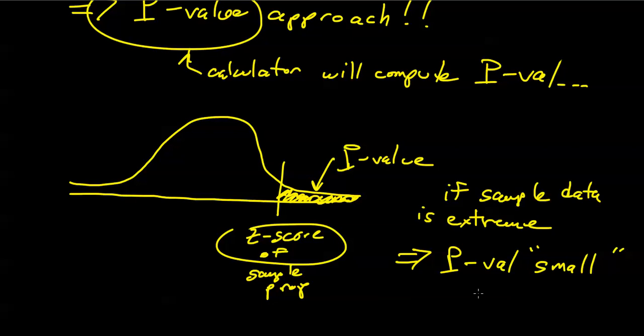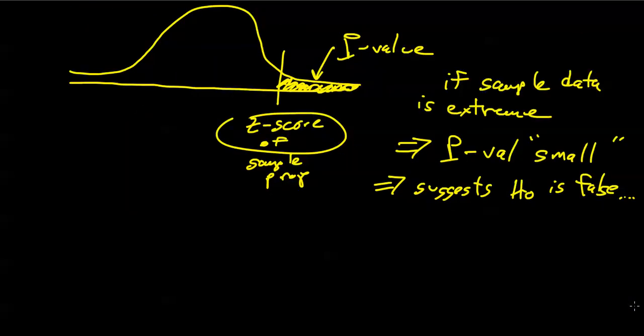And if your p-value is small, then that suggests, doesn't prove, but suggests that H0 is false. There's a problem with H0. It may be false based on this extreme sample data.